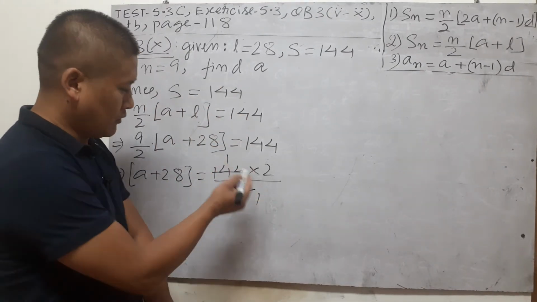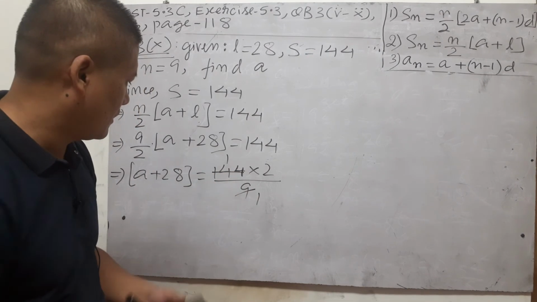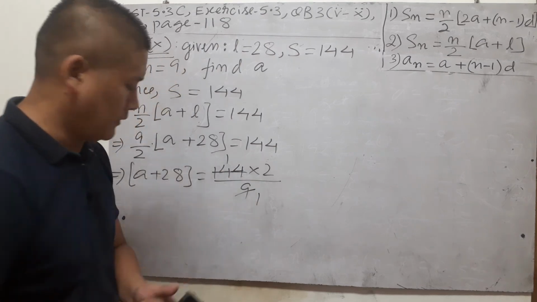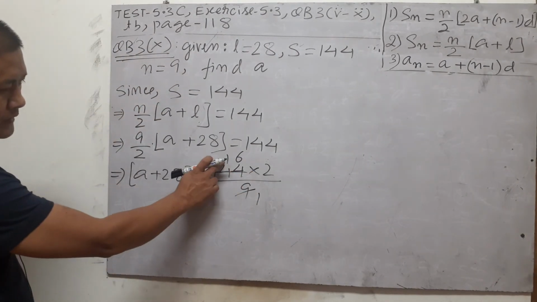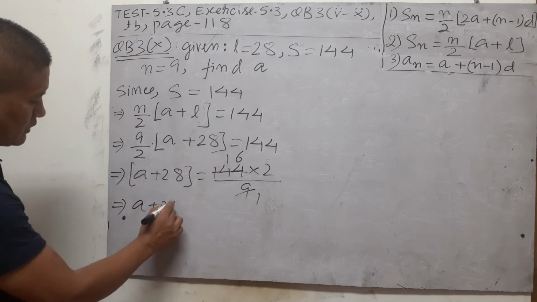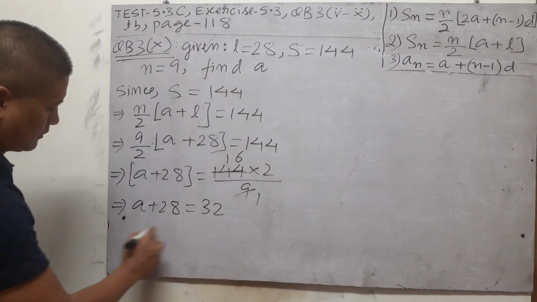This 5 remainder will go to the left of the next 4 and become 54, 9 sixes are 54. In other words, 9 into 16 is 144. So a plus 28 will be 16 into 2, 32.